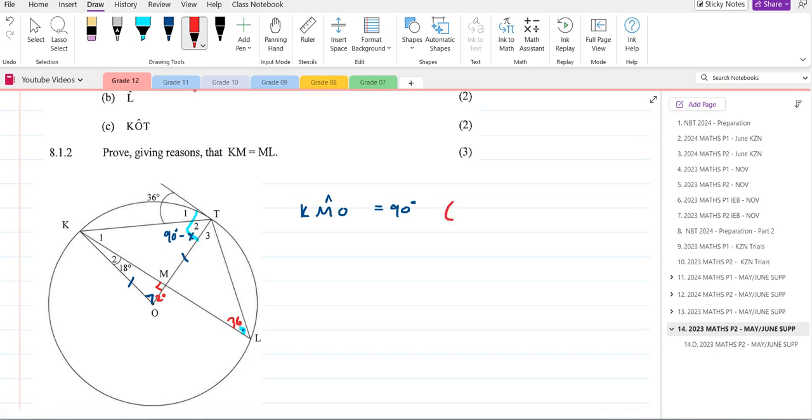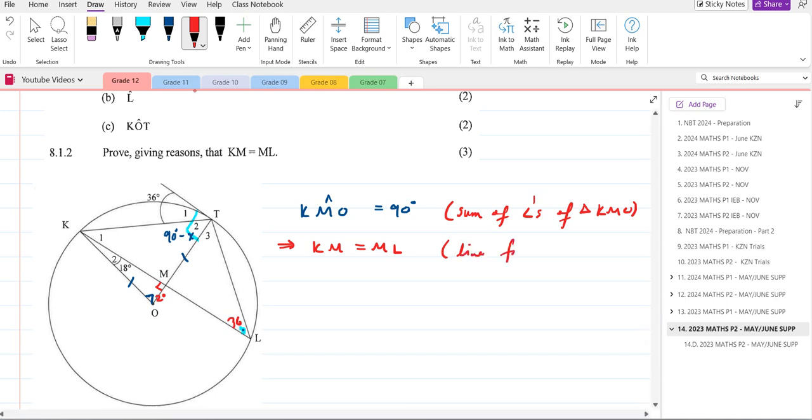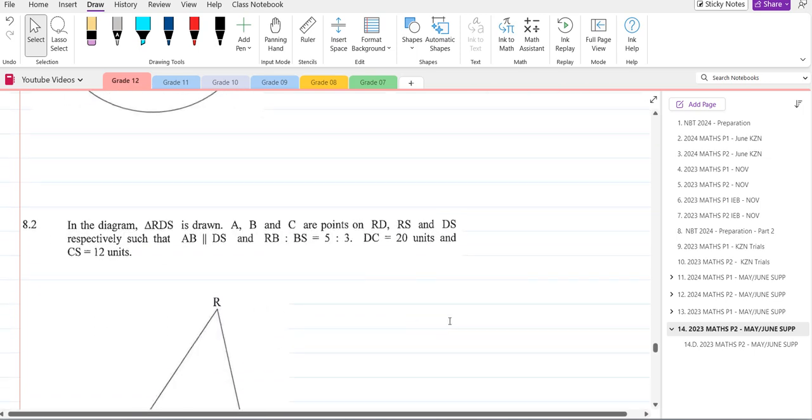And that's sum of angles of triangle, OMK or KMO, right? Now because that is 90, this implies KM equals ML, right? Line from center perpendicular to chord. Right, so I hope you guys understood that. Pretty straightforward. Let's move on to the next problem.